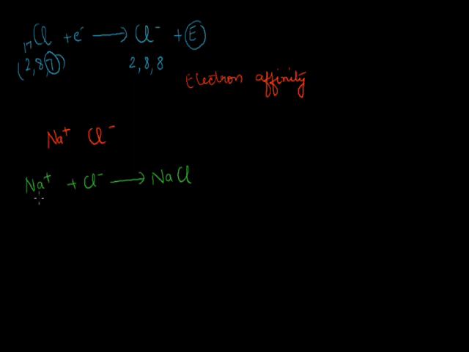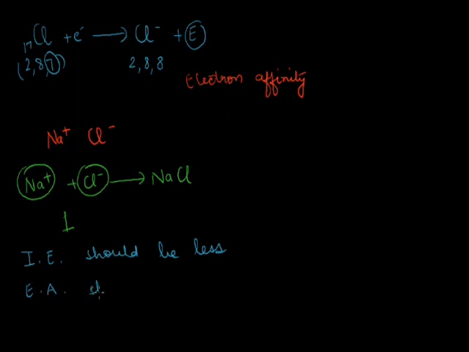Here the electrovalency of sodium and chlorine both is 1, because sodium loses one electron which is gained by chlorine to form chloride ion. For the formation of an ionic bond, it is necessary that the ionization energy, also written as IE, of the electropositive element should be less and the electron affinity, written as EA, should be high.